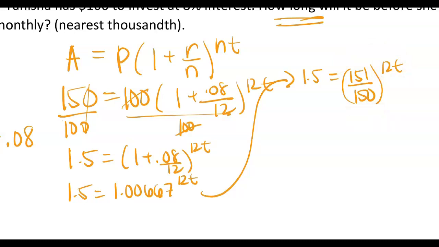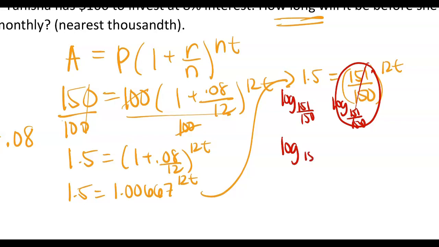The way that we do that, if you think back to what we did not too long ago, is we took the log base this on both sides. So log base 151 over 150 on the left-hand side, and log base 151 over 150 on the other side. What that does, if you think back, is cancel this out, which is going to make my answer log base 151 over 150 of 1.5 equal to 12t.